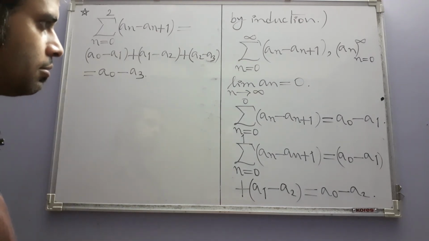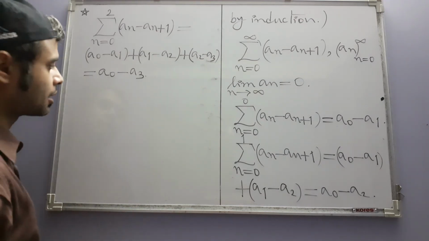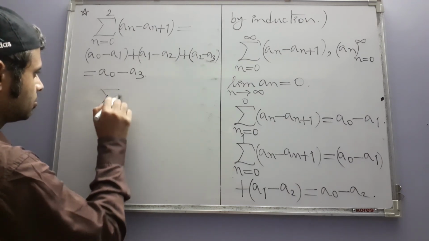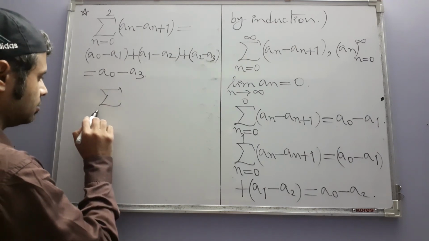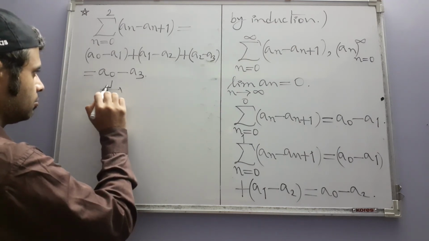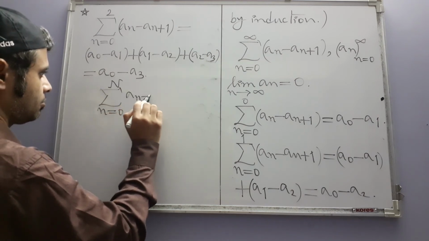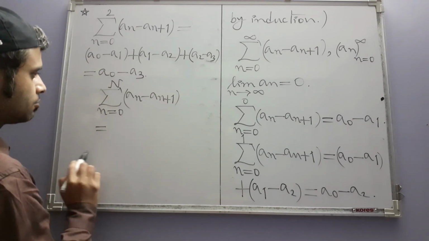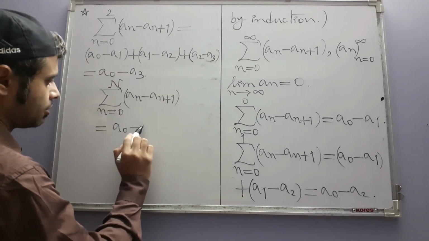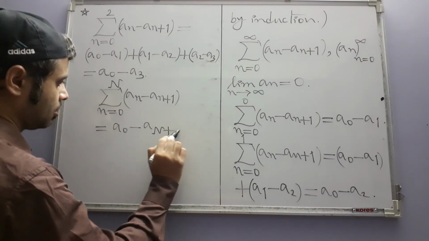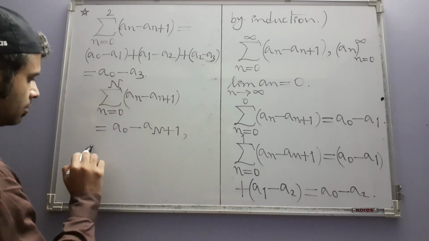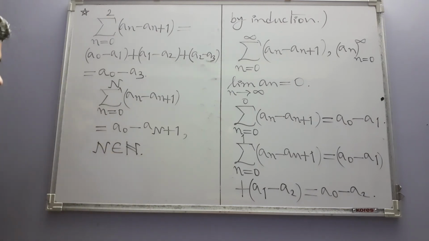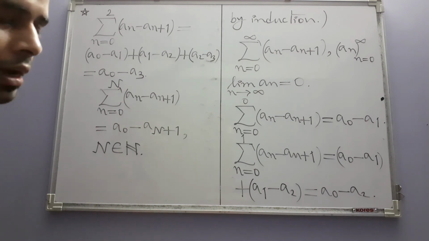So the thing that we are guessing about these partial sums is that for any natural number n, this is equal to a0 minus a n plus 1, because that's what we see happening.